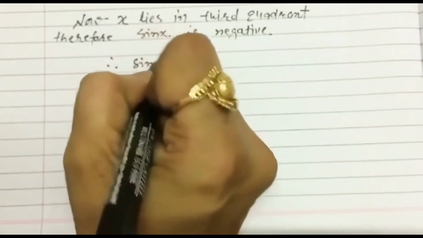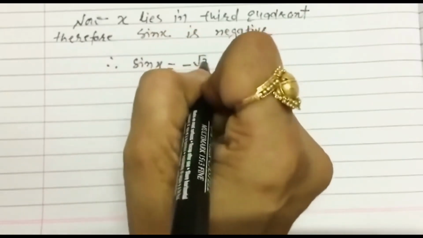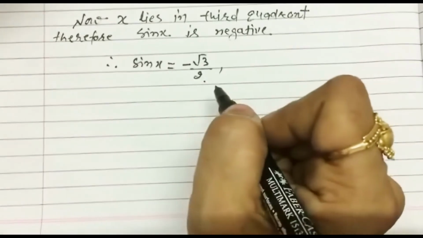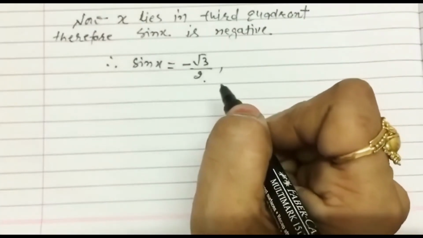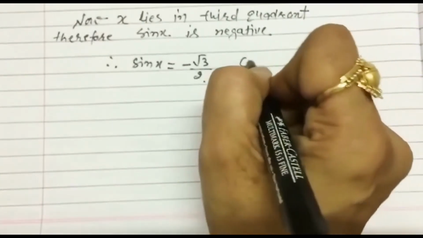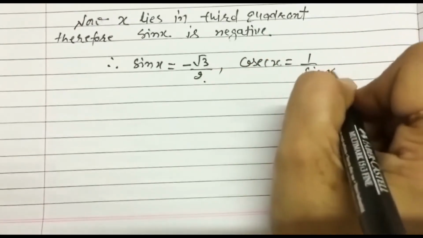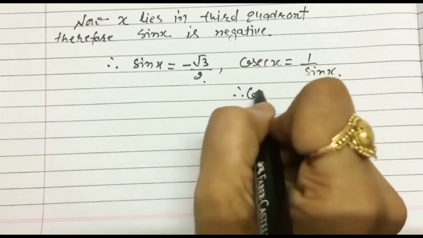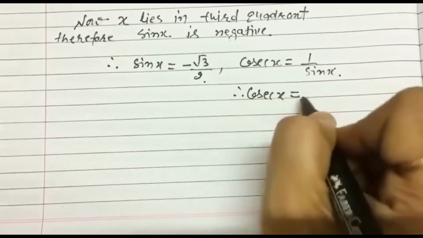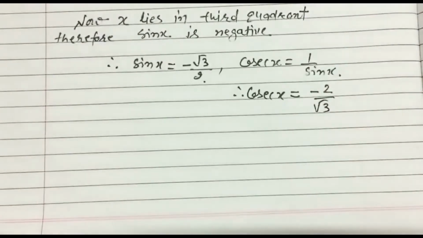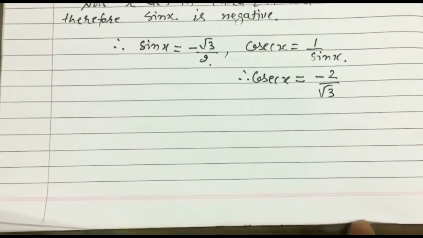So the value of sin x is minus root 3 by 2. And now for the next, cosec x. It is the reciprocal of sin x. So the value of cosec x is minus 2 by root 3. Clear? Move to the next.